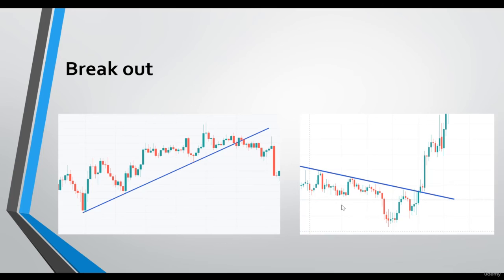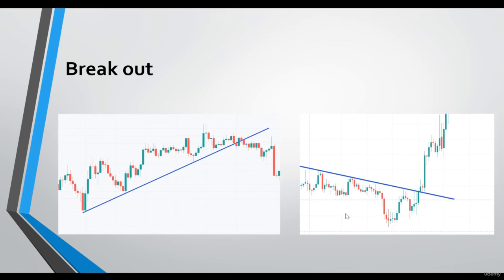You can see this line, which was a dynamic resistance, and we had one, two, three and four reactions to this line.